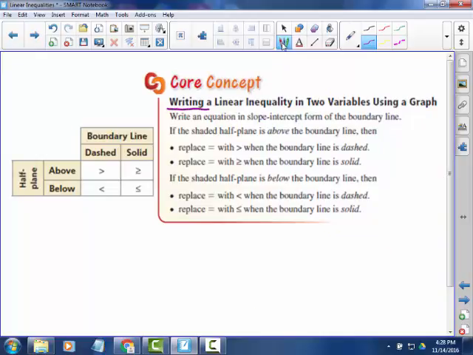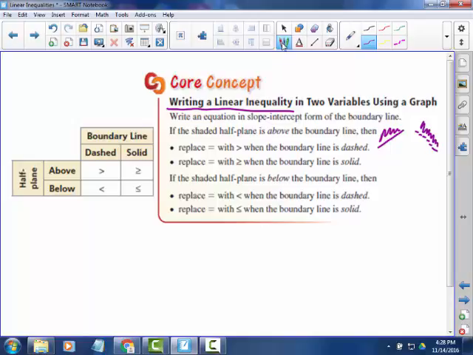Now look at writing a linear inequality. So the explanation here says if the shaded half plane is above the boundary line. So here's my boundary line and my shading's here. Here's my boundary line, my shading's here, right? But it's above the boundary line.